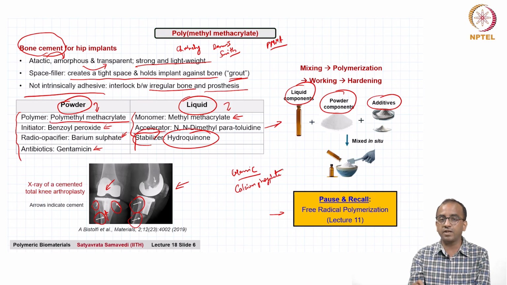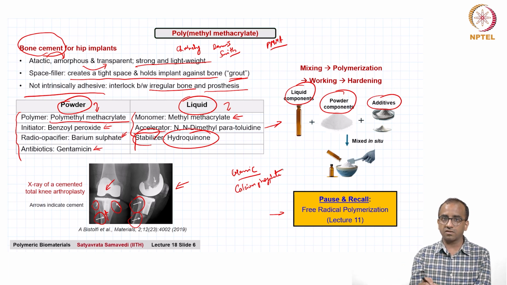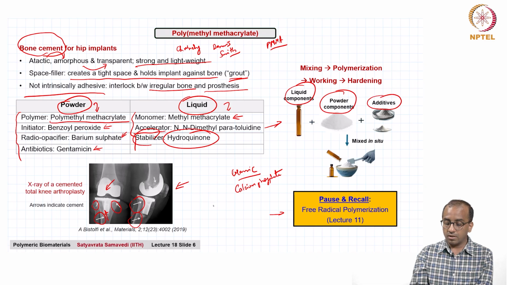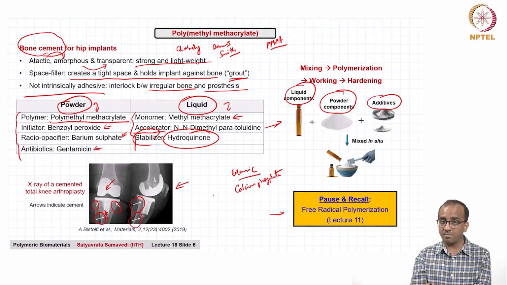Typically, it is calcium phosphate based ceramics. And the reason to do that is you can now make the PMMA bioactive. On its own, PMMA will only serve a mechanical purpose and a physical purpose.